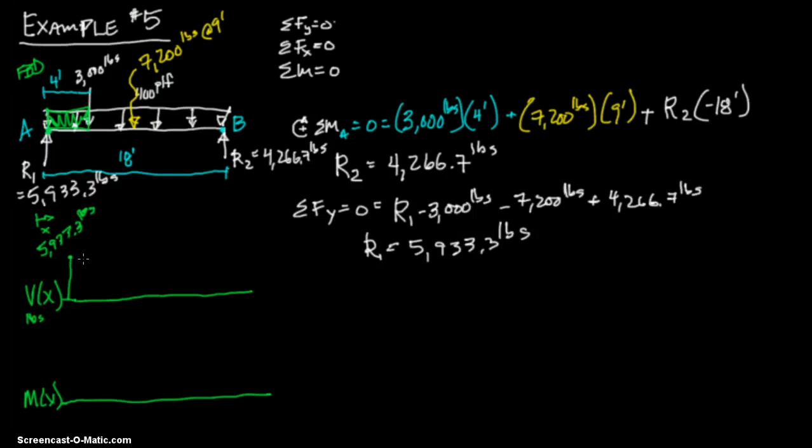And that area is what? It's 400 tall times 4 foot. That's 1,600. So you want to take 5,933.3 minus 1,600 equals 4,333.3. Let's guess it's about right here.